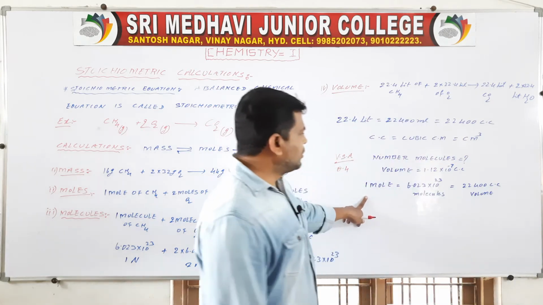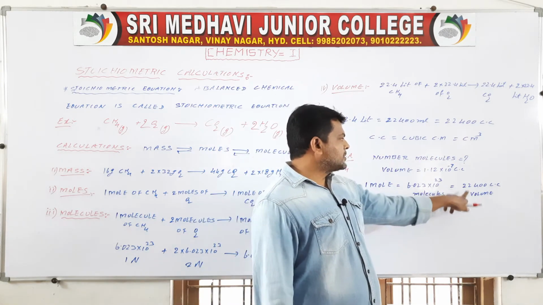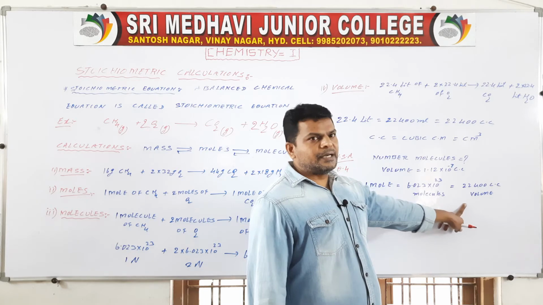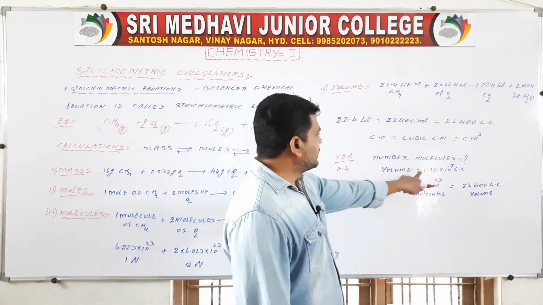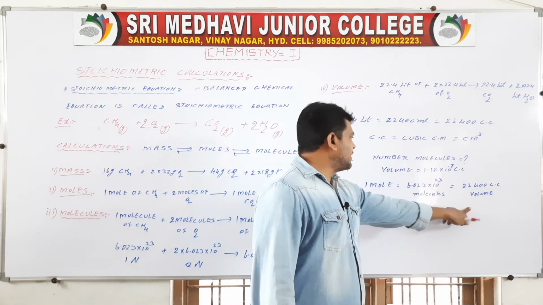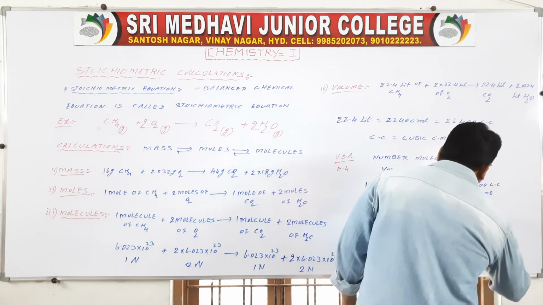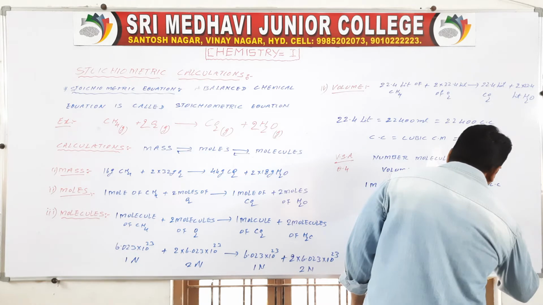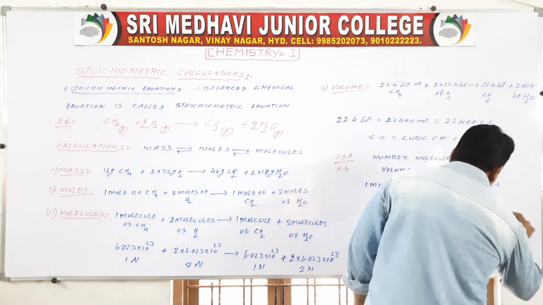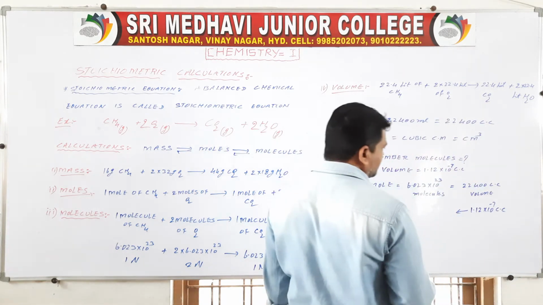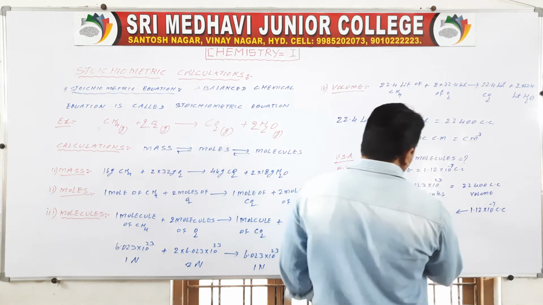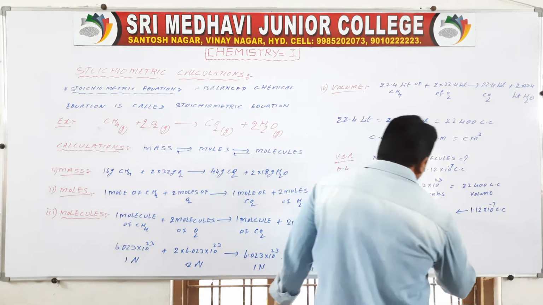So 1 mole equals that many molecules and 22,400 cc. Then 1.12 into 10 power minus 7 cc is given, and we have to calculate the molecules. So 1.12 into 10 power minus 7 cc gives rise to x molecules.